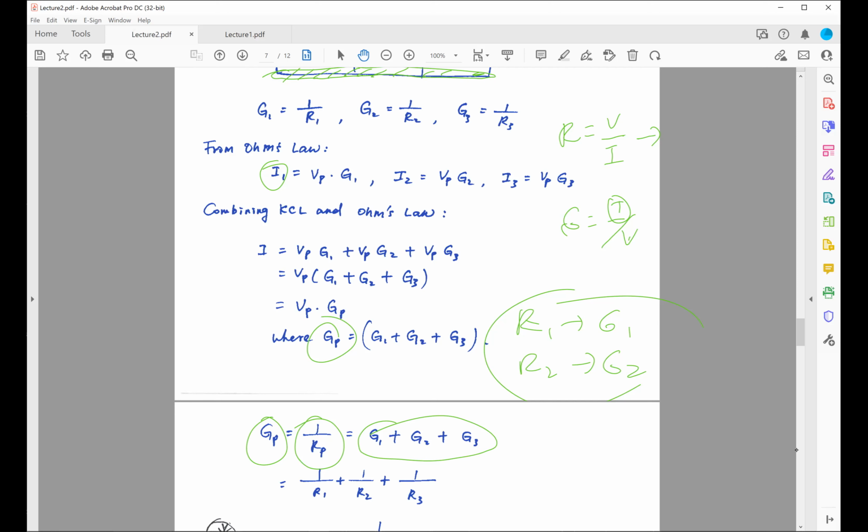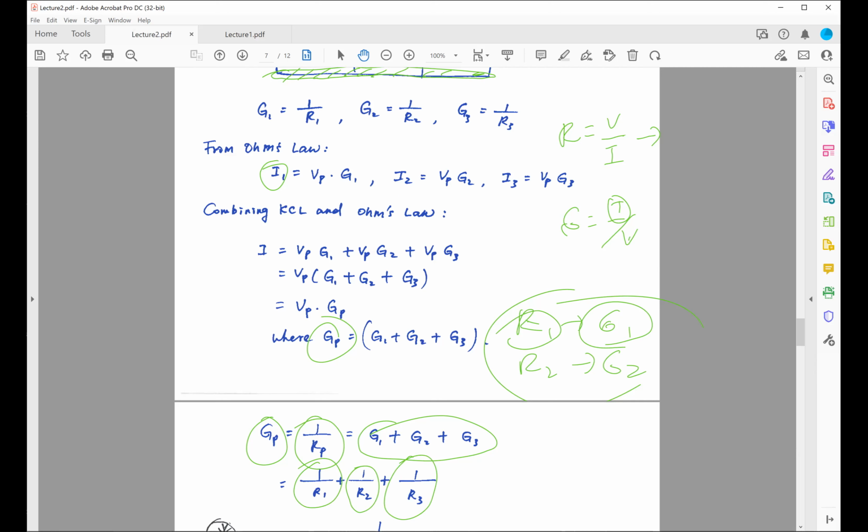So what is G1, G2, and G3? Well, that's what we just did over here. We say, if we know R, we can know G. If we know G, we can know R, right? The relationship is just reciprocal. So G1 is equal to 1 over R1, G2 is 1 over R2, G3 is 1 over R3.